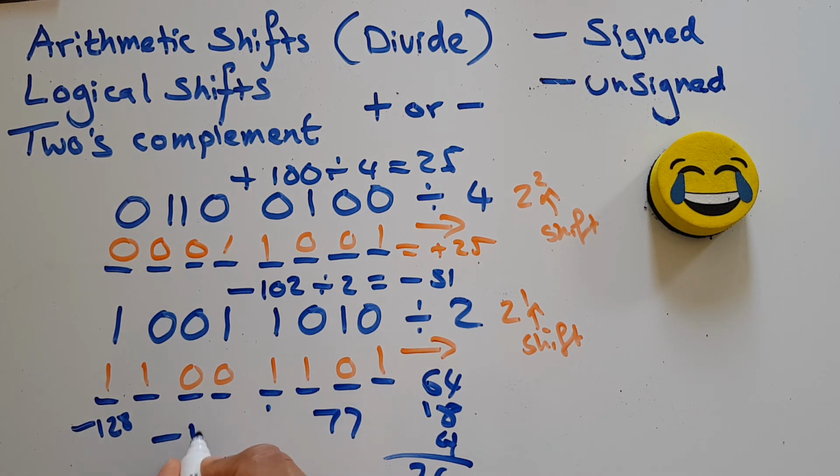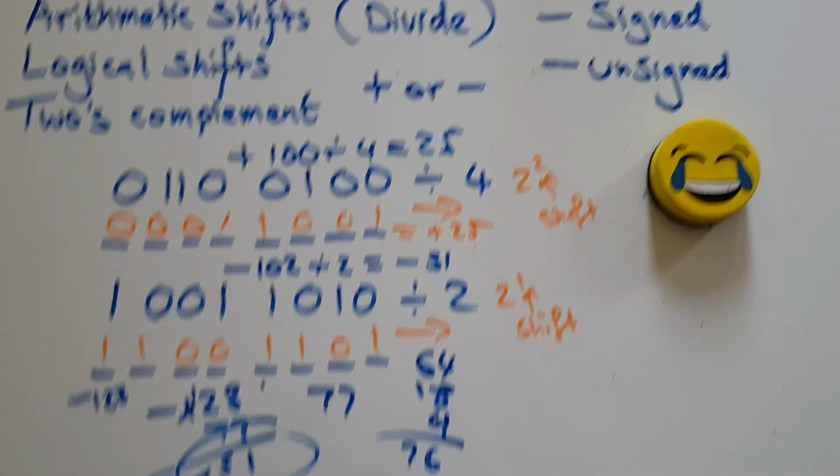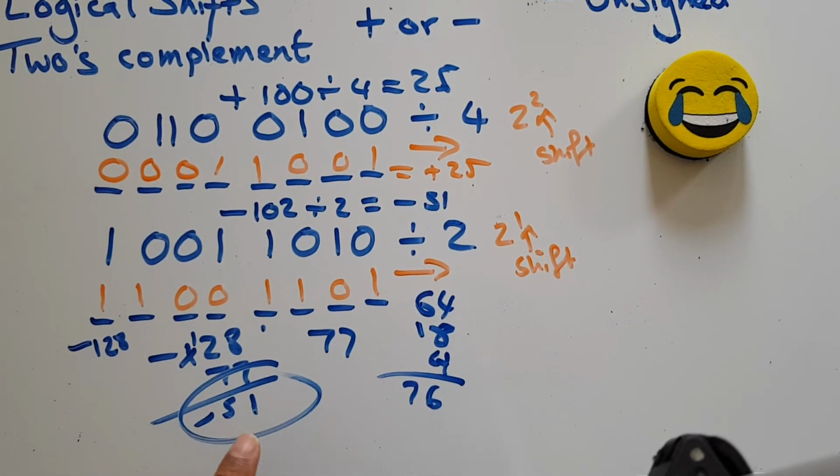So minus 128, take away 77, let's see, I've got 8, minus 7 gives me 1, can't do this, so that becomes 12. 12 minus 7 is 5, so yes, actually, the answer is indeed 51.